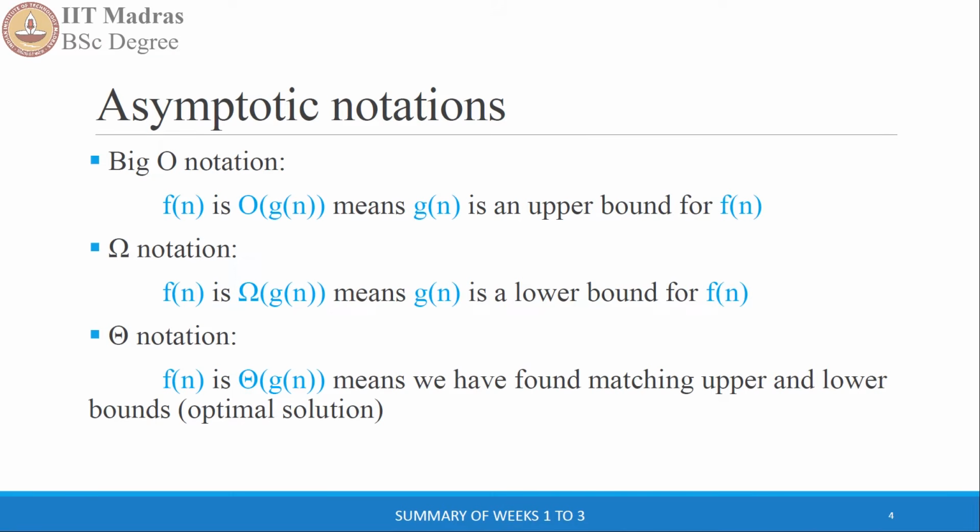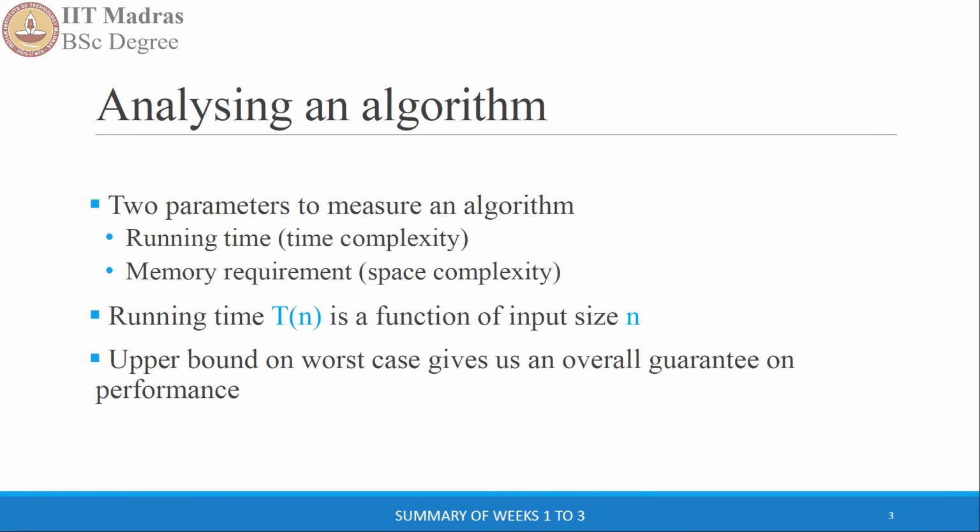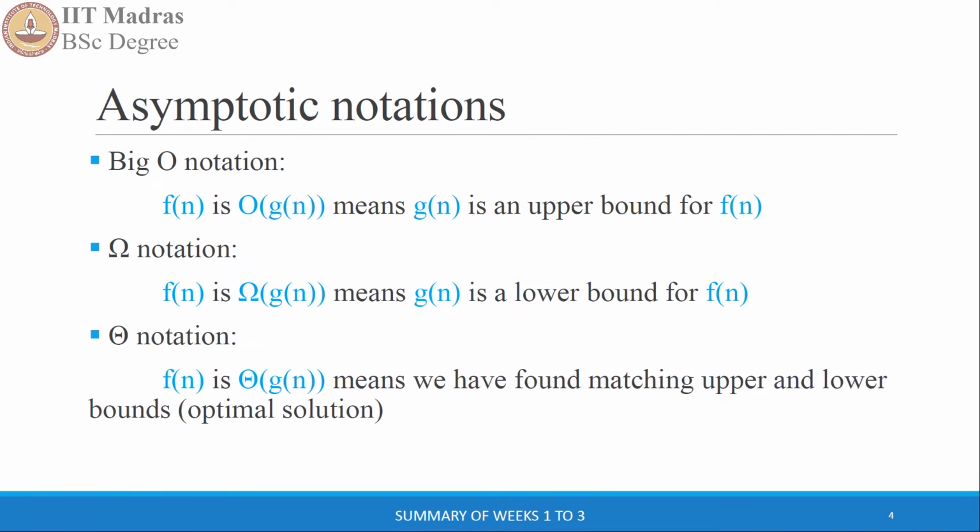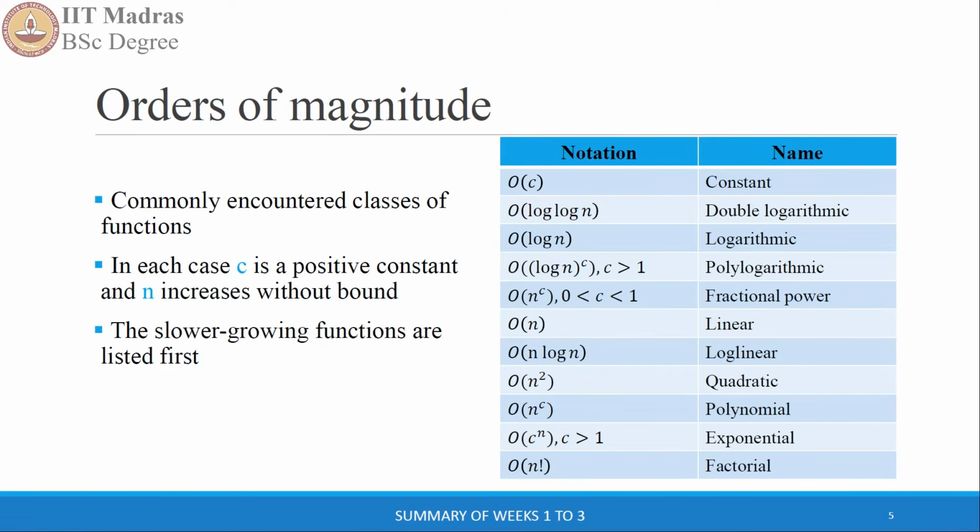Once again, as we saw in the previous slide, upper bound on worst case gives us an overall guarantee on performance. Therefore, we will measure every algorithm in terms of big O notation. So, the next point is orders of magnitude.